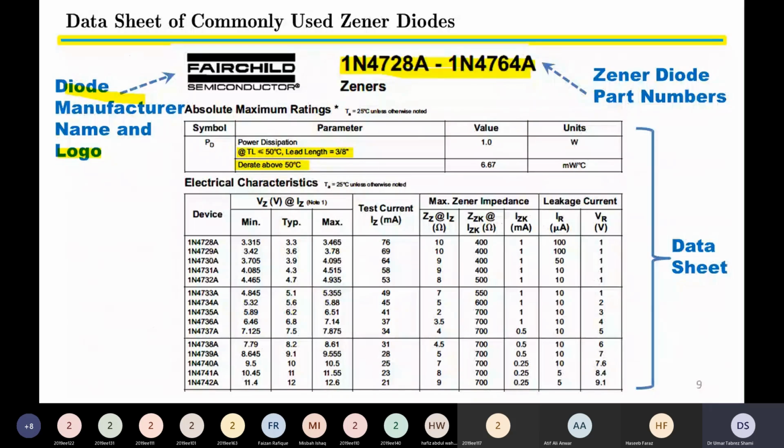Then we saw a data sheet for Zener diodes. Zener diodes are always determined by their model number. Each model number has specifications of its own. These specifications include the Zener voltage, the test current, the dynamic resistance, the minimum dynamic resistance, and the current at minimum dynamic resistance.